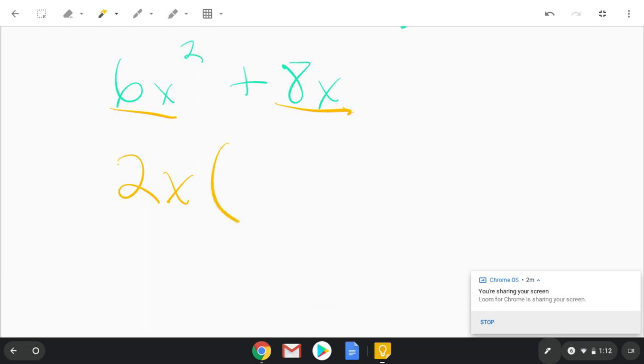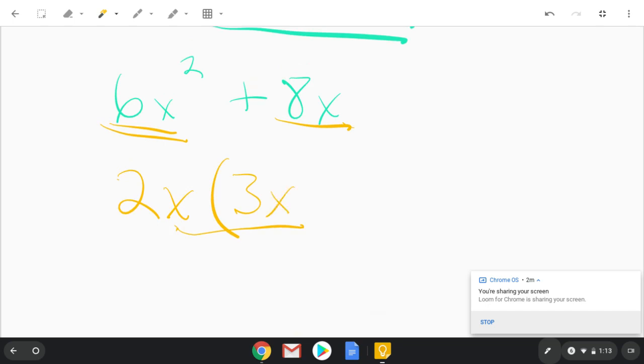All right, and then we'll open up our parentheses. Now this next part, you have to think in steps is the way I do it. You have to think about 2x times what will give you 6x squared. That'll be 3, and in order to get the x squared, you're going to have to add an x there.